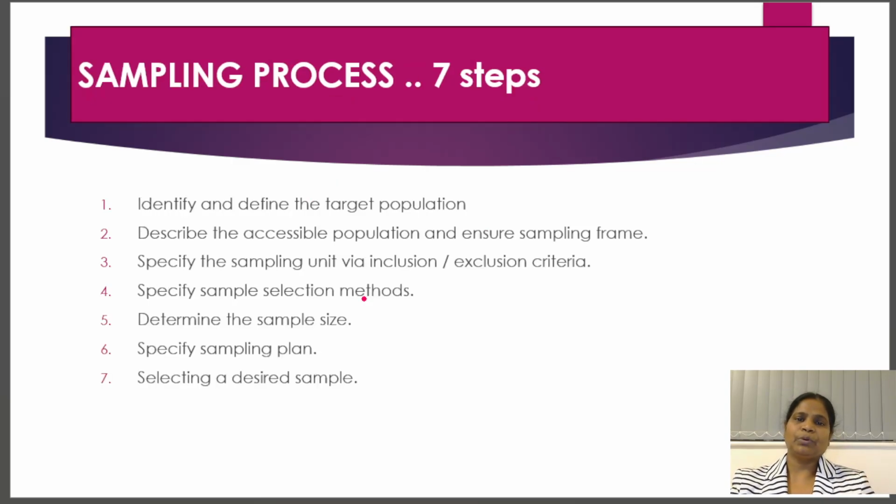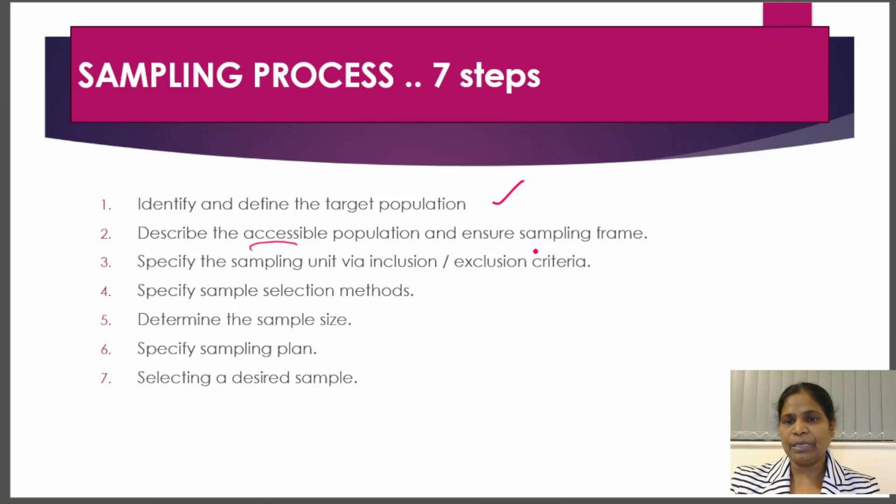Coming to the sampling process, it involves 7 steps. What are they? Identify and define the target population. First you define the population, and on whom you want to study, you should have clarity. Then describe the accessible population, a population which the researcher will be able to access or get in reach with.